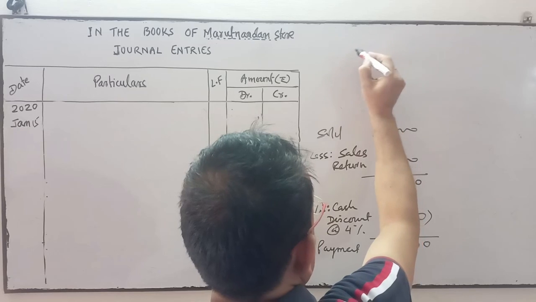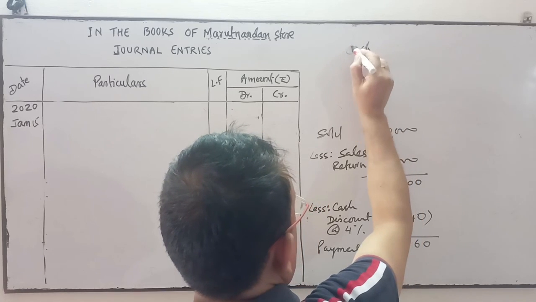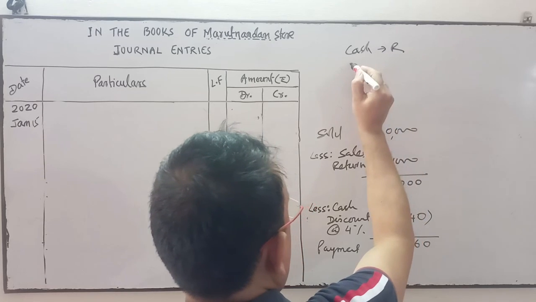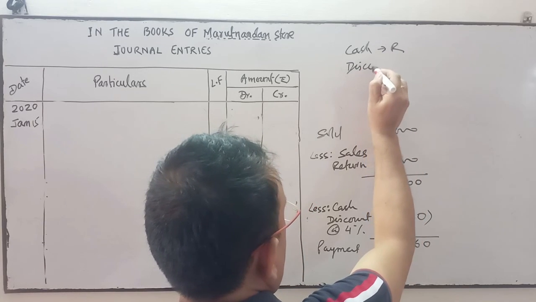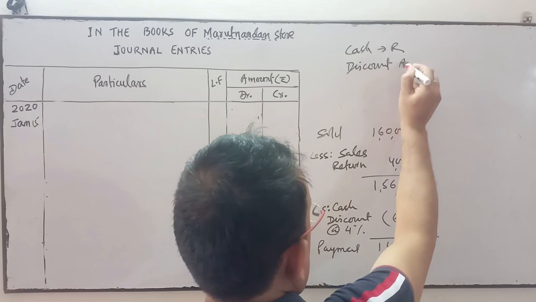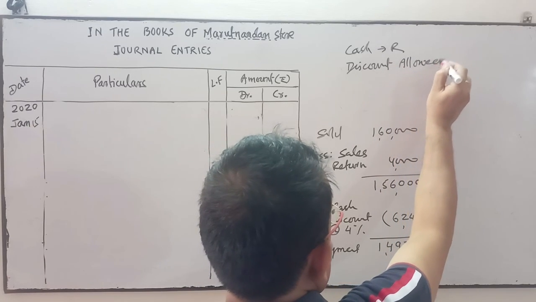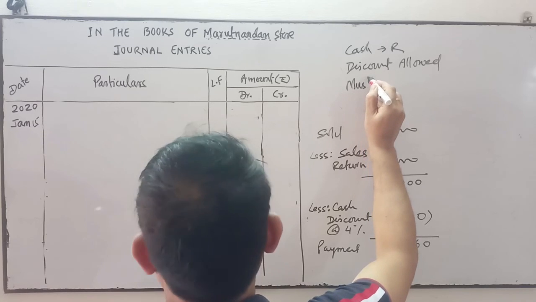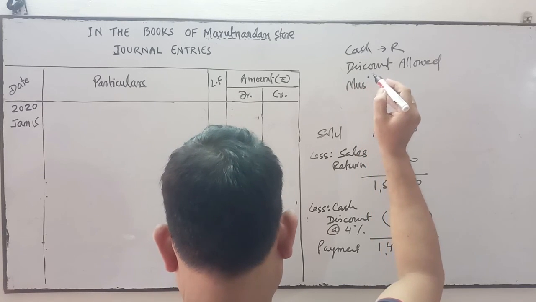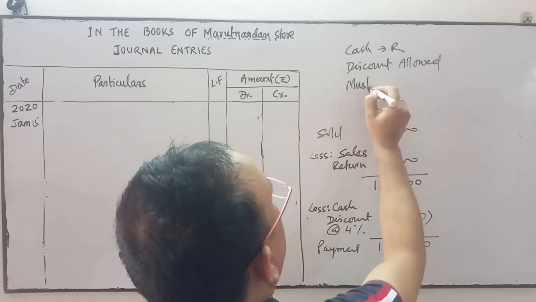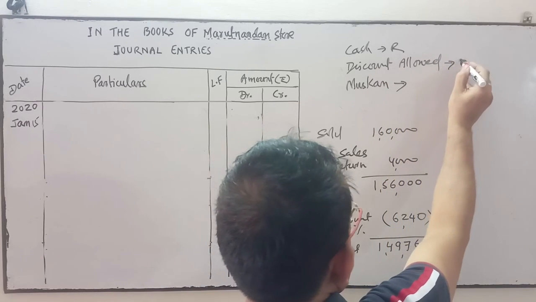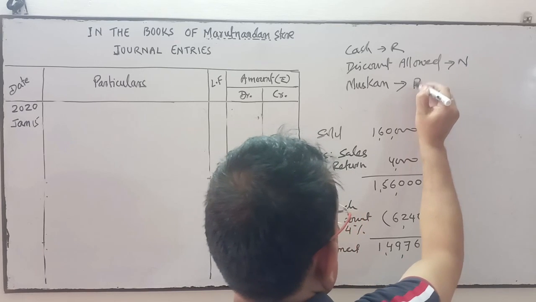In this transaction cash is involved, because we have received it. It is a real account. Discount allowed, and Muskan. Three accounts are involved. It's real, it's nominal, and it's personal.